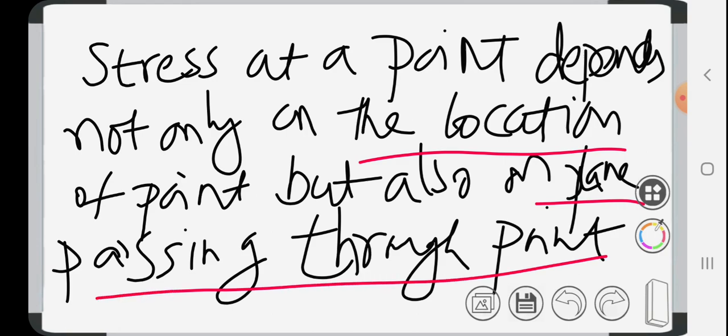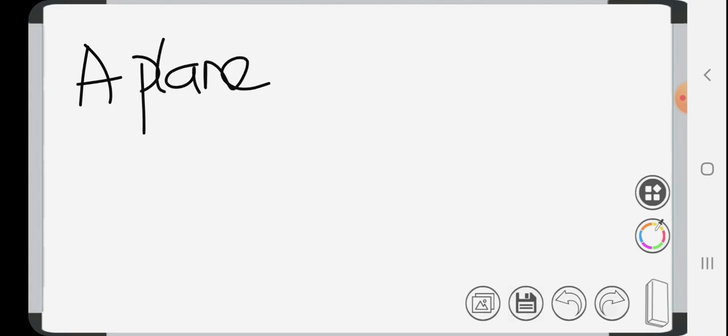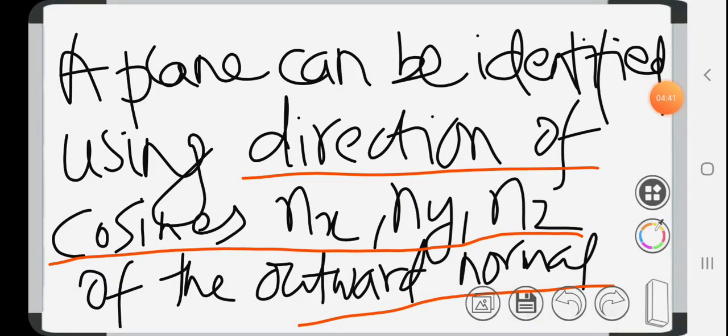So a plane can be identified or named by using the direction cosines nx, ny, nz of the outward normal to that particular plane.